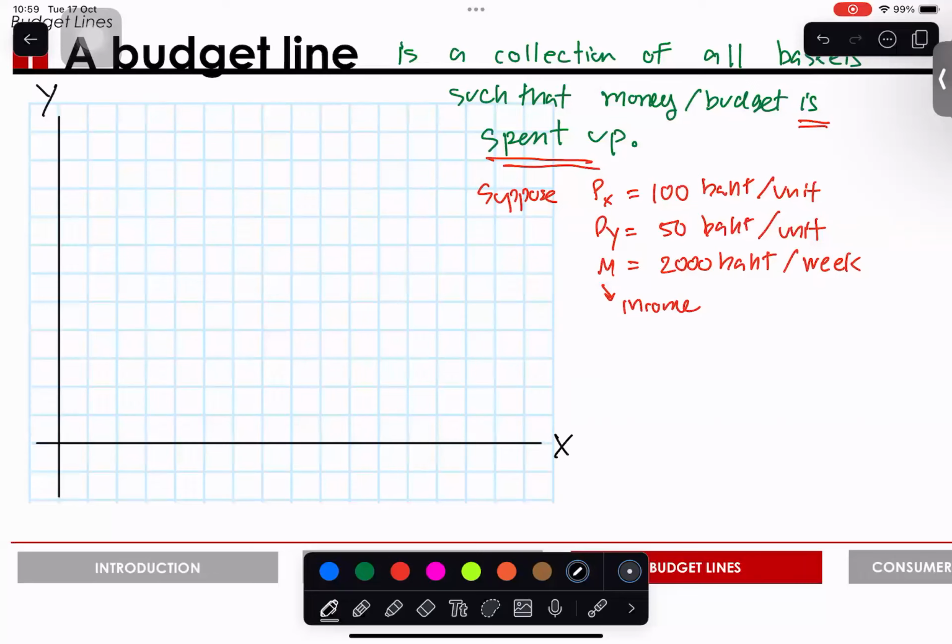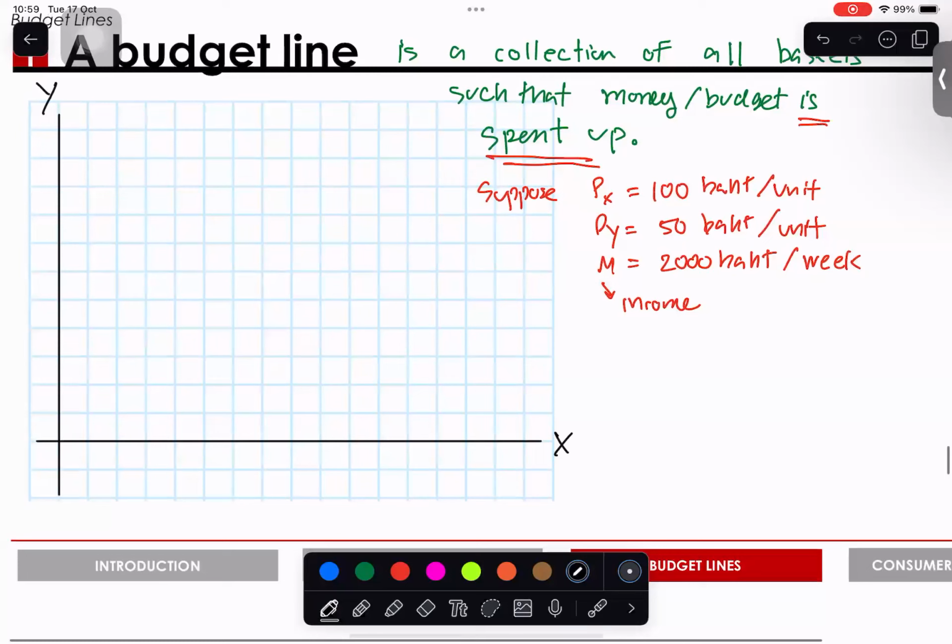Okay, let's start. If we want to buy only good X with this 2,000 baht, with the price of 100 baht per unit, you know that you can have the maximum of 20 units.